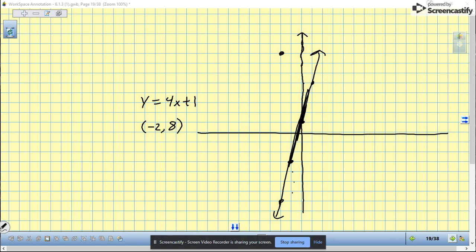All right, so what I want to do now is take the negative reciprocal of this slope, because it's got to be perpendicular. So m is 4, which is 4 over 1. So my perpendicular m would be negative 1/4. I'm going to use that slope and my point to figure out my y-intercept.